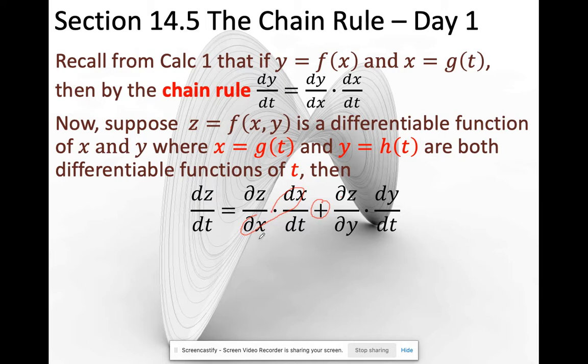So notice that you have two partials and two not partials. And you end up with the rate of change of z with respect to t. Now, sometimes in your book, you'll see the z replaced with this f.